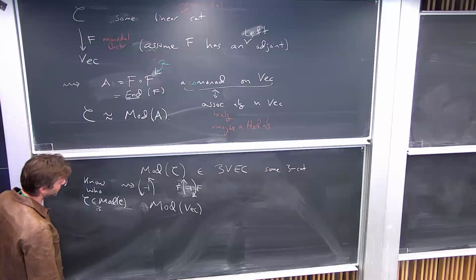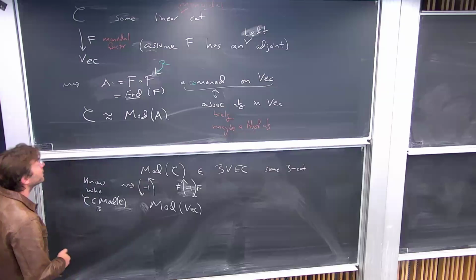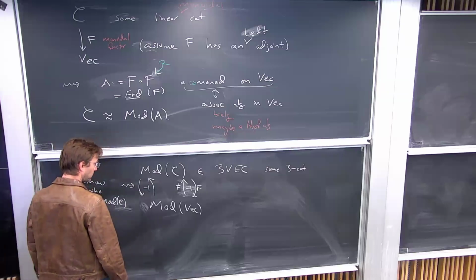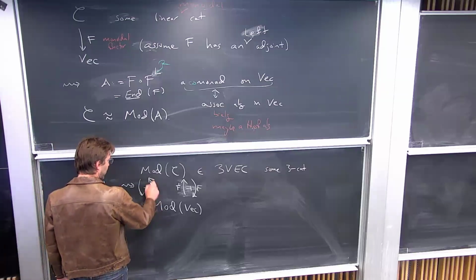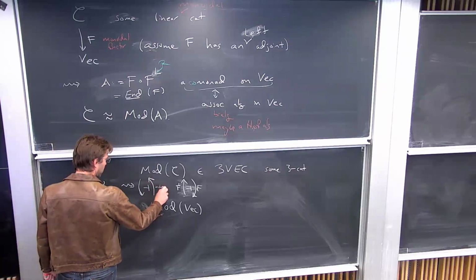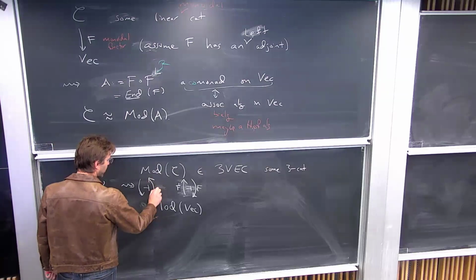So this is the background that I want you to think about. And then the fact that this was a nice fiber functor here actually tells you something. So maybe my upward arrow is going to be the inclusion, the object C itself.